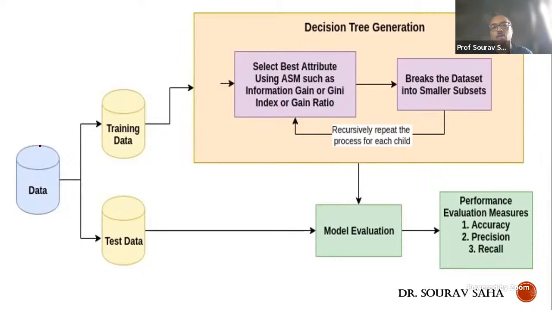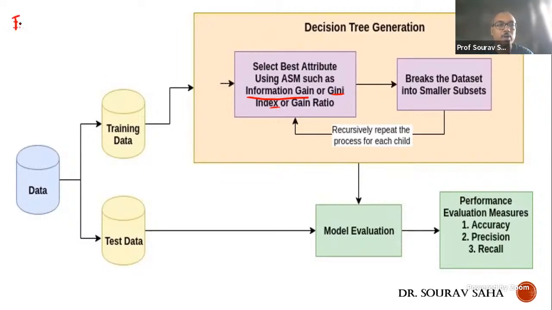Then on the training data, you recursively build the decision tree. They use things like information gain, the Gini index, all those things. By the way, someone also asked what information gain is, and what the Gini index is.